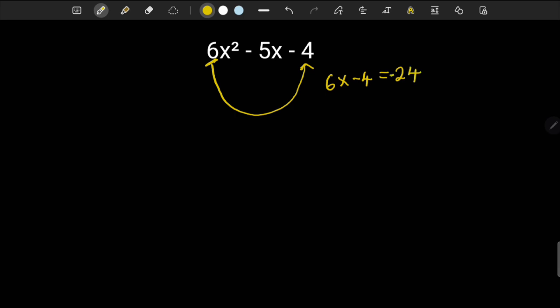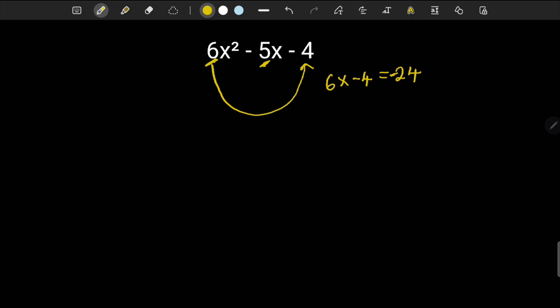So you ask yourself, which two numbers when added will give you the second coefficient, which is negative 5, and at the same time when multiplied will give you negative 24.